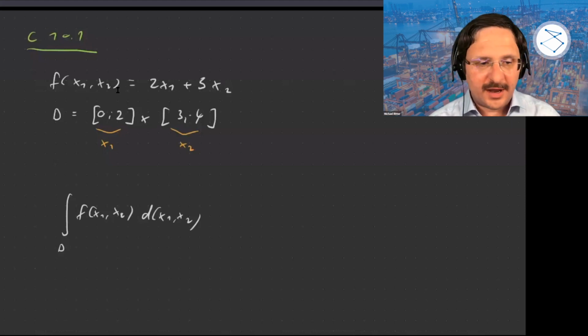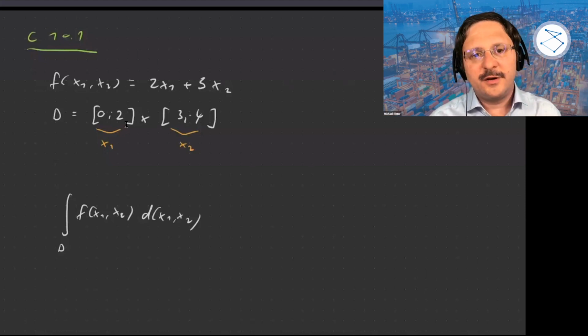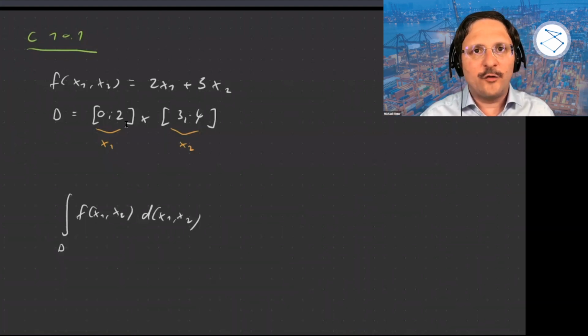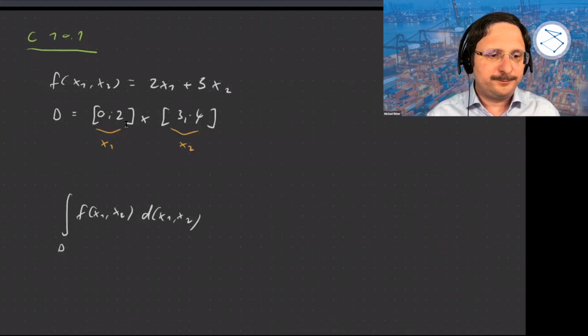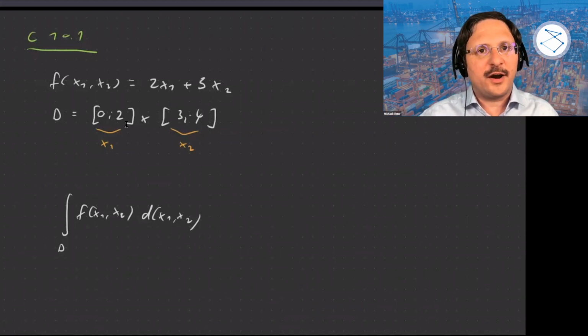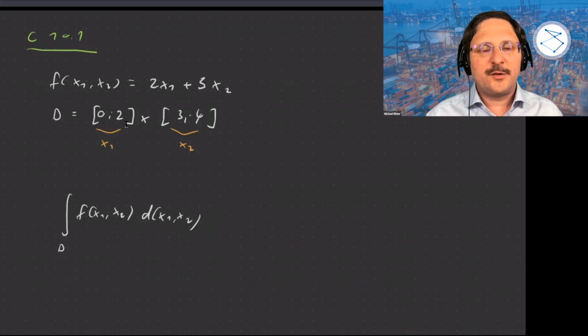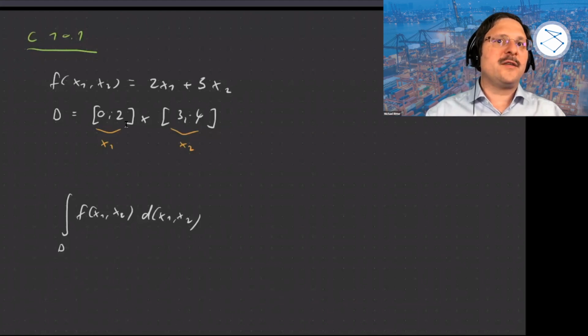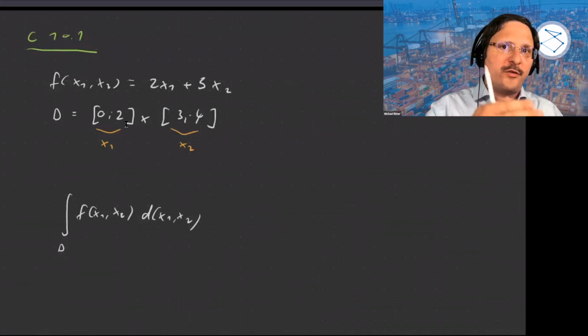Now, the function f is a continuous function. And for continuous functions, we know that these can be integrated over a box specifically, and we can compute the integral using iterated integration. So we first compute the integral with respect to one of those two variables, x1, x2, and then integrate the result once again with respect to the remaining variable.